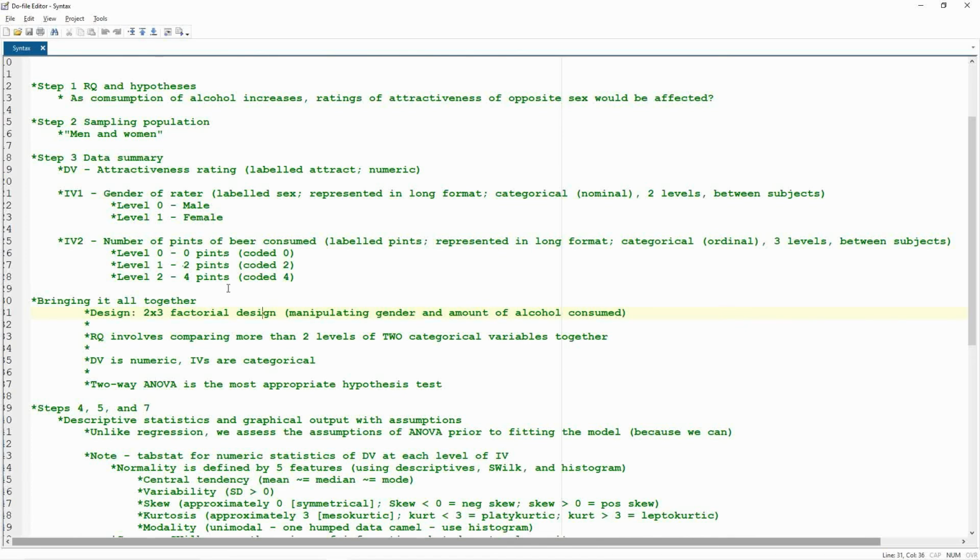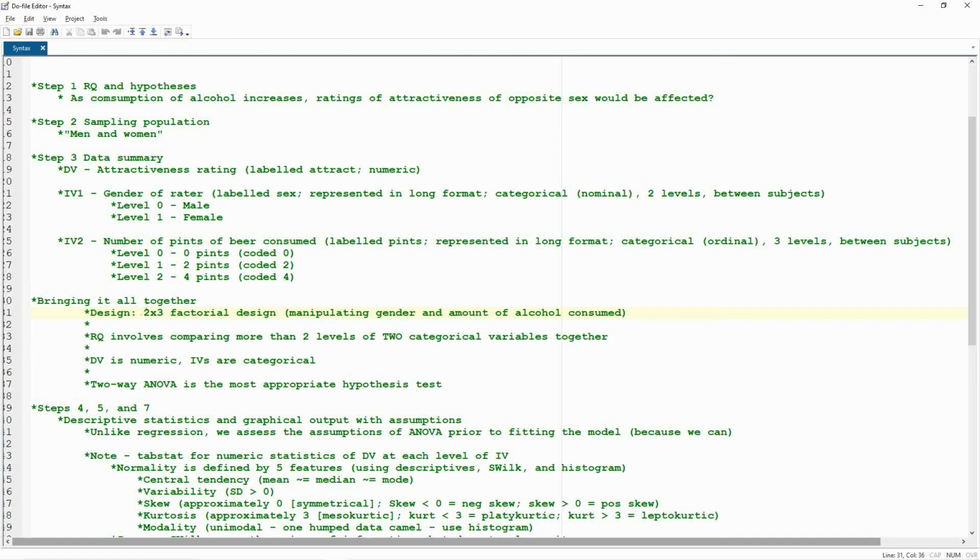Because whilst the manipulation of pints of beer is experimental, because we can control that, gender is a quasi-experimental variable. We are manipulating it through quasi-experimental means, in that people come to the study as male or female, and that defines their category. We're not forcing them to be male or female. So if you see a factorial design, it means the design is experimental or quasi-experimental, and it's 2x3.